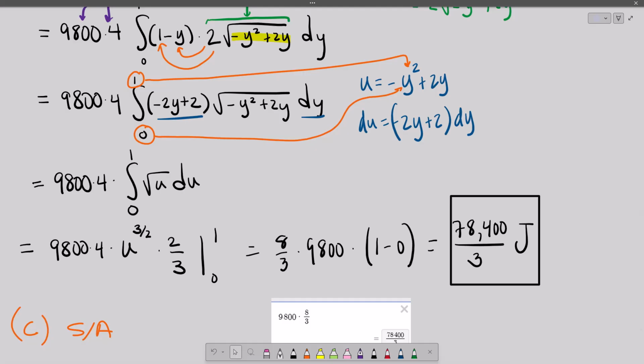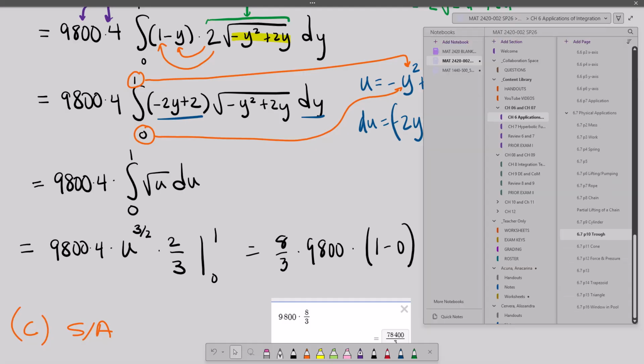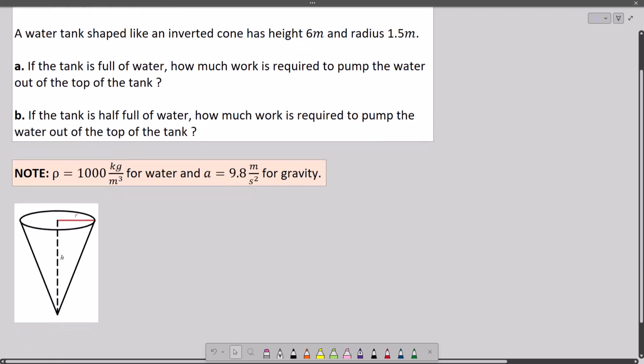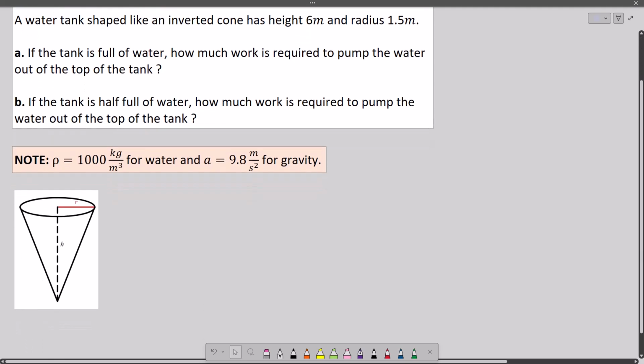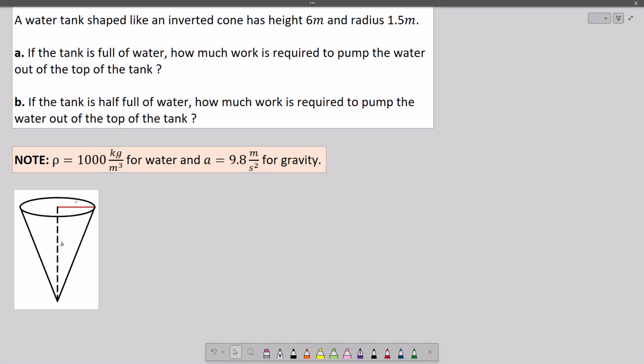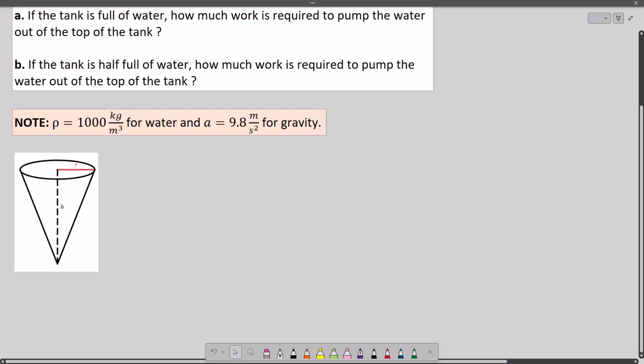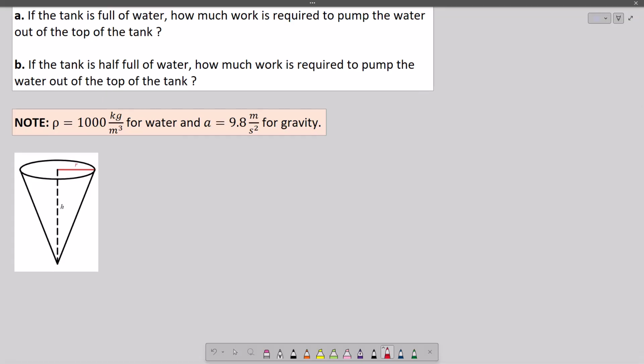Okay, let's take a look at another shape, a cone. So the height of our cone is 6, and the radius is 1.5. Same thing, we want to empty it out the top. All right. So let's take a look at a representative cross-section.